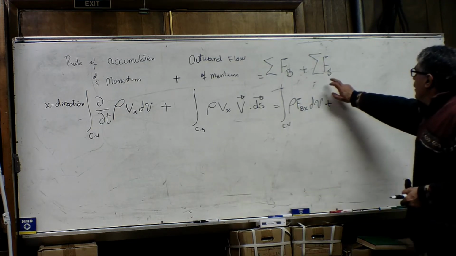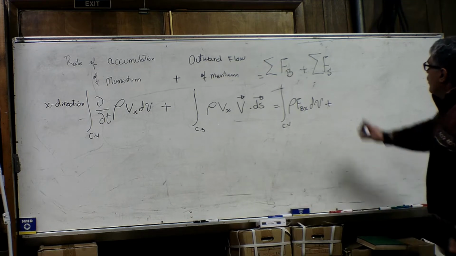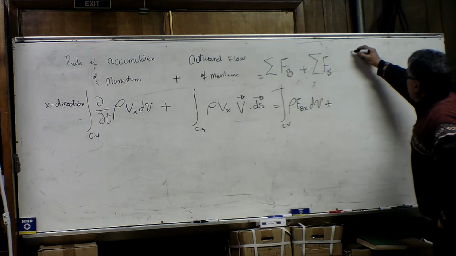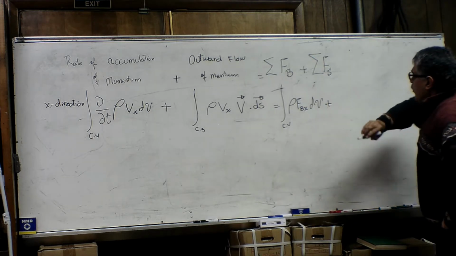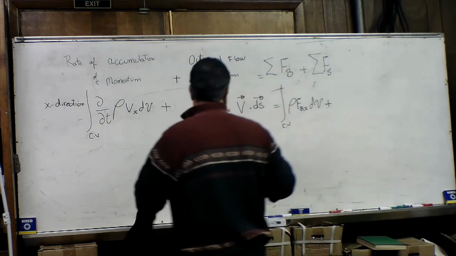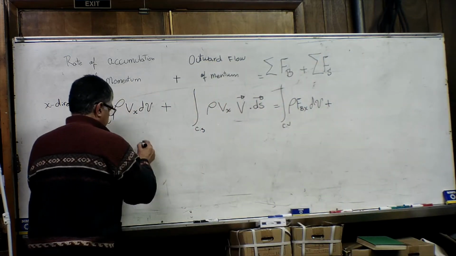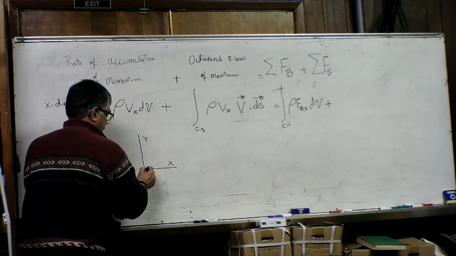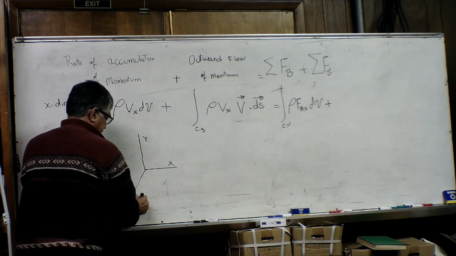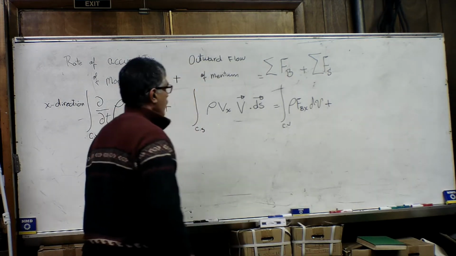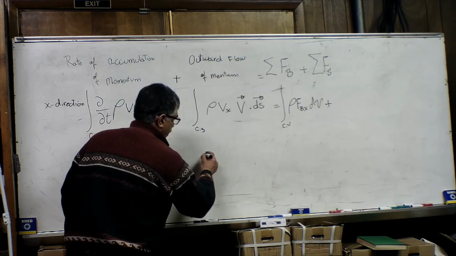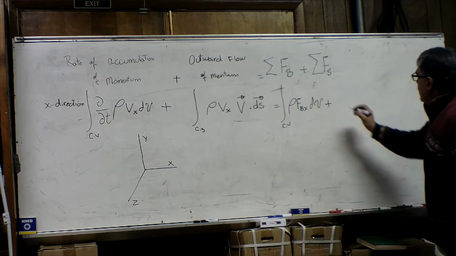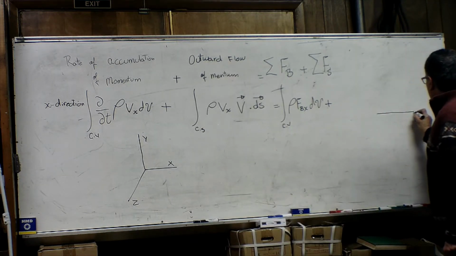So for this portion, we are writing this formula in the Cartesian coordinate system. Let's look at this: our x, y, and z axes. Let's look at our differential volume again.